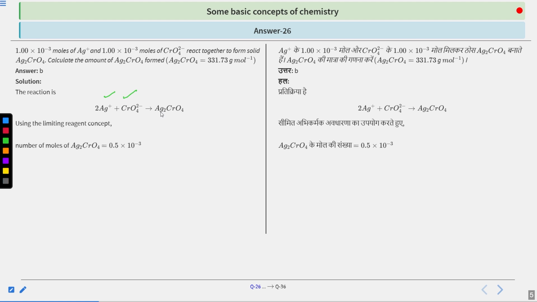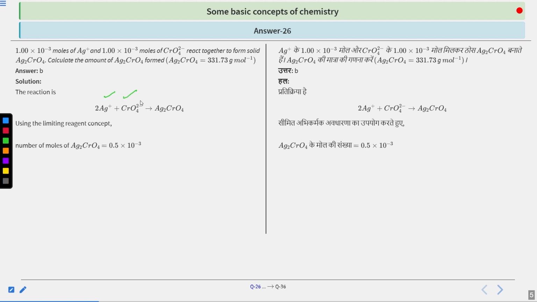Now, since we are given 1 into 10 to the power minus 3 moles of Ag plus, how much CrO4 2 minus is required accordingly? According to this, 1 mole reacts with half mole. So 1 into 10 to the power minus 3 will react with half that concentration of CrO4 2 minus. We halve this concentration, and that much CrO4 2 minus will react.